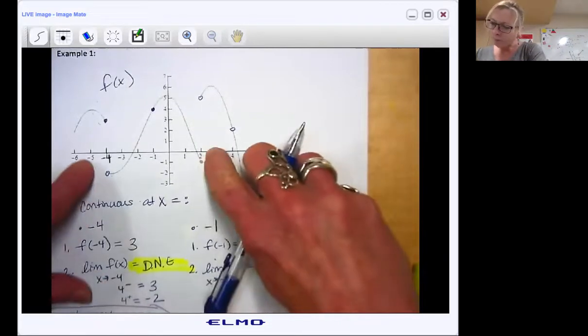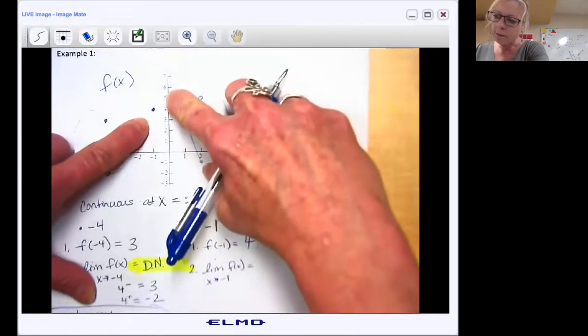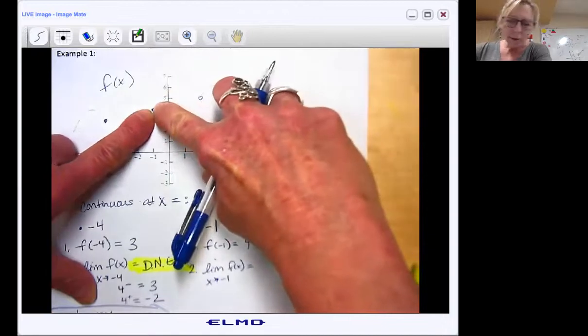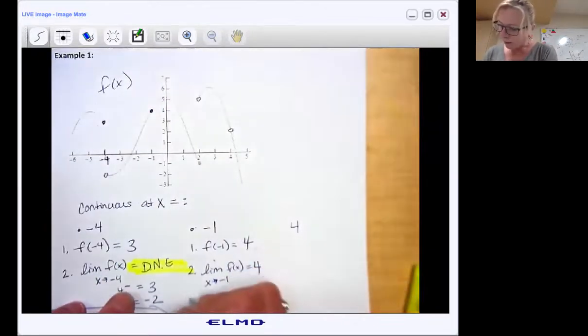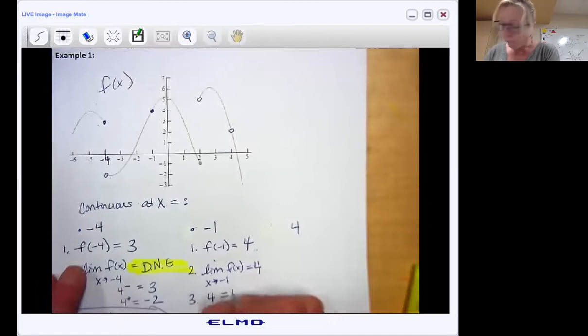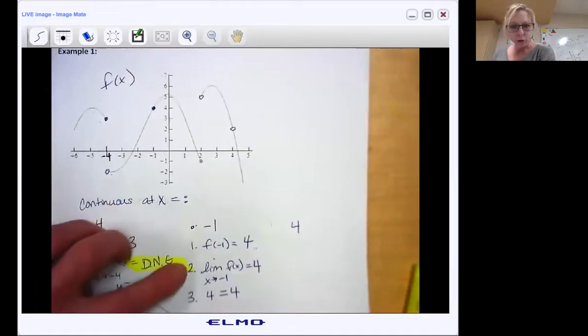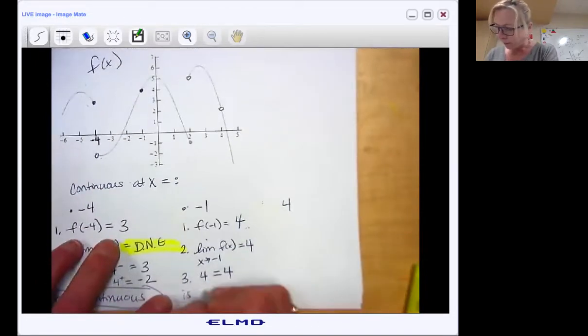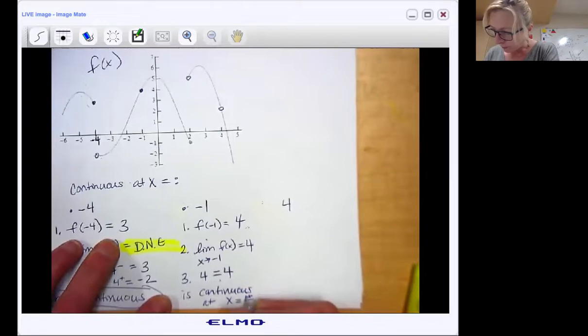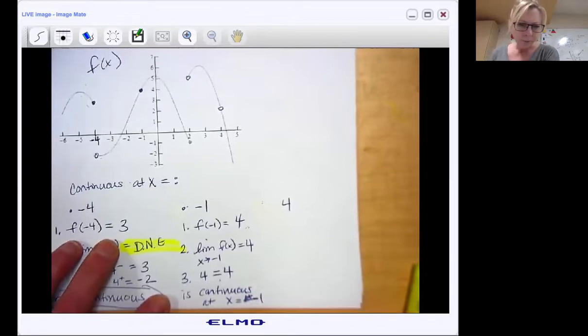Okay, we come in to -1 from both sides. Both my ladybugs land at a y value of 4. Because 4 is equal to 4, condition 1 is equal to condition 2, this graph is continuous at that point, x equals -1.